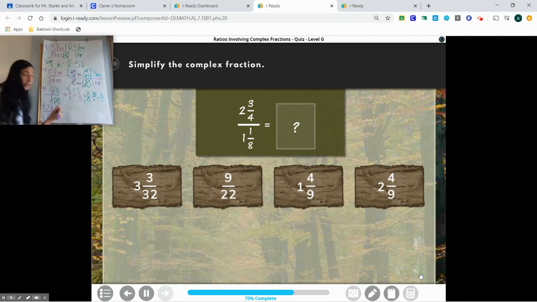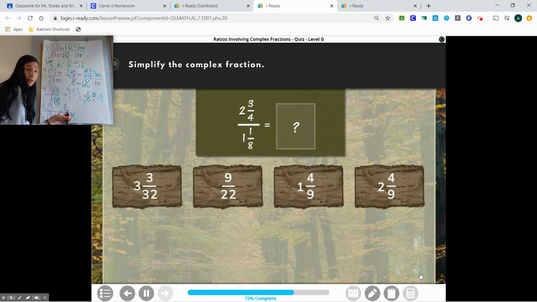All right, we're going to make this easier for ourselves by turning these into improper fractions. 2 times 4 is 8. 8 plus 3 is 11. 11 over 4 divided by 8 times 1 is 8, plus 1, 9. So this is the same as 9 over 8. Now, remember, we want to multiply by our reciprocal. So we're going to multiply by 8 over 9.